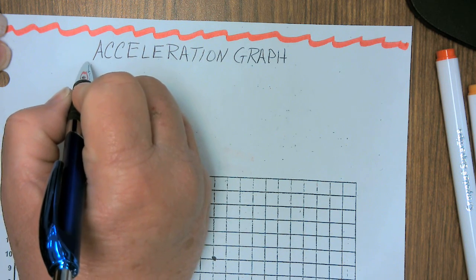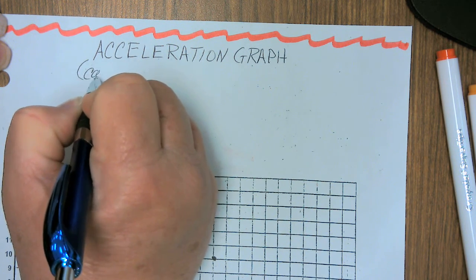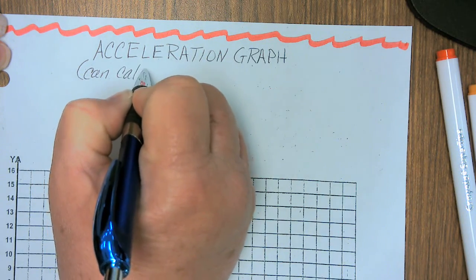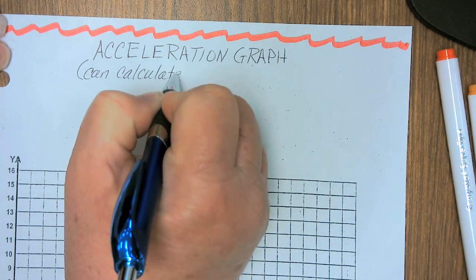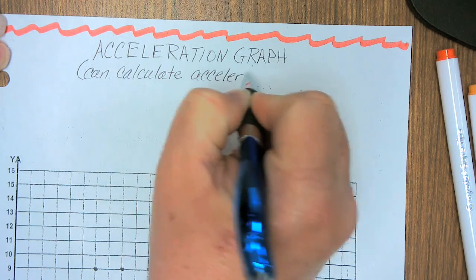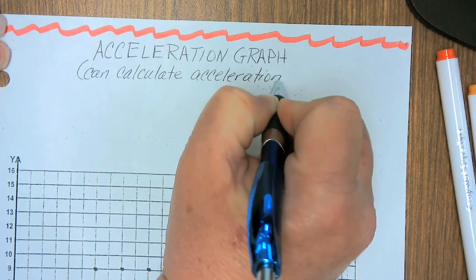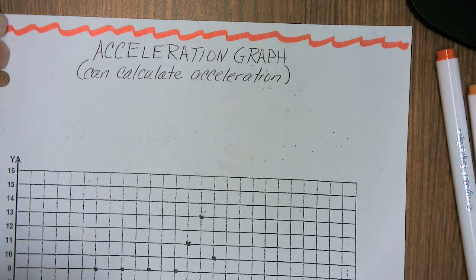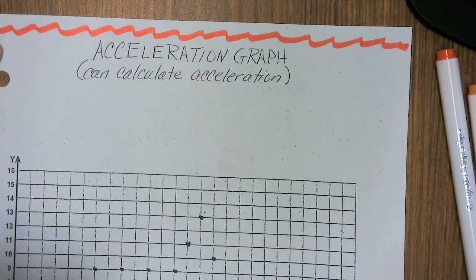We don't have to worry about that in 8th grade. So in parentheses, I'm going to write can calculate acceleration. Remember that acceleration is a change in speed or direction. It's very important that you remember it's all about change when we talk acceleration.